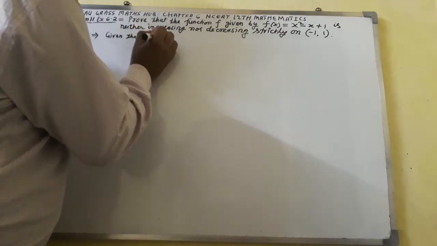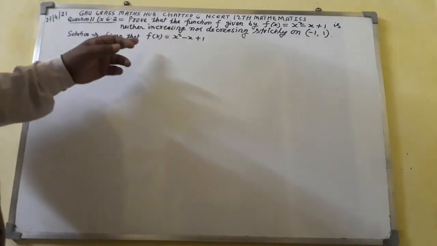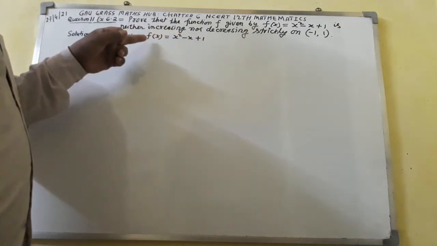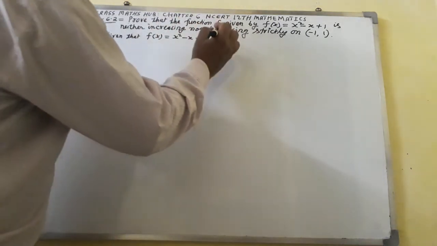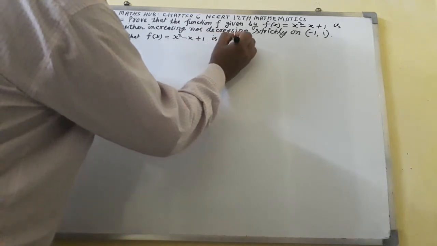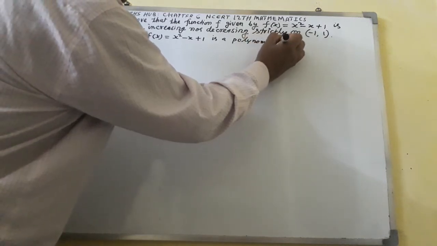Solution: given that f(x) = x² − x + 1. Here you can see the given function f(x) = x² − x + 1 is a polynomial function.